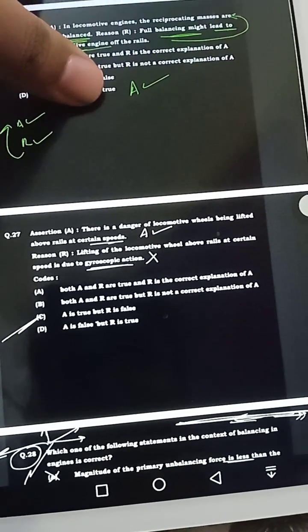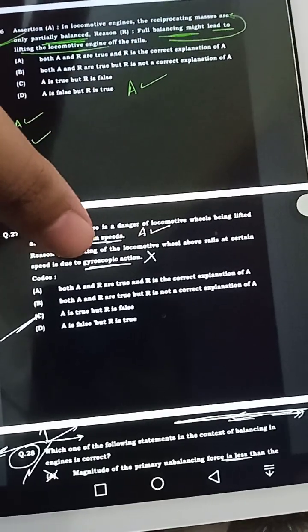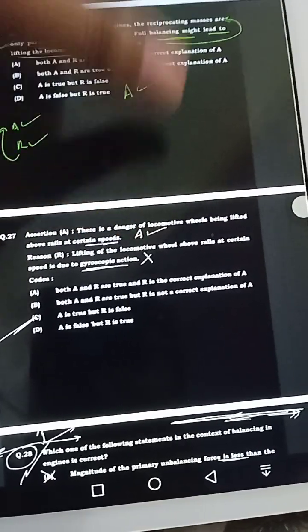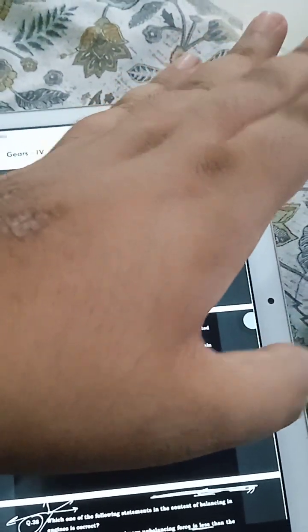It does not lift due to gyroscopic couple. If it is turning left or right, then the tire can lift up and down. But if it is just moving, I have to explain it. If the car is just moving like this, then due to hammer blow, the wheel has a tendency to lift or compress.